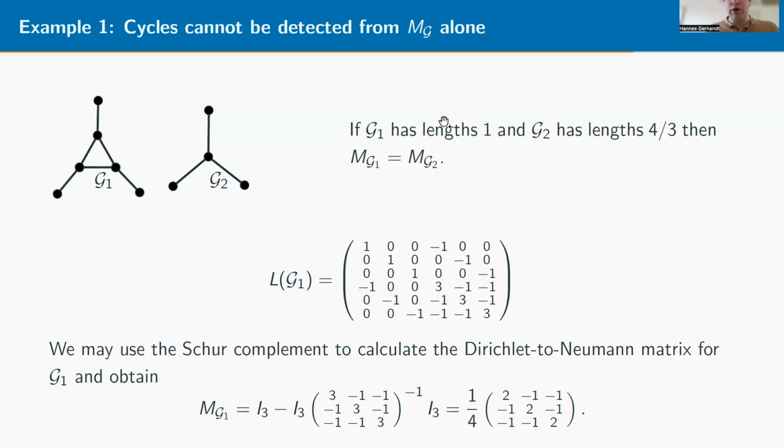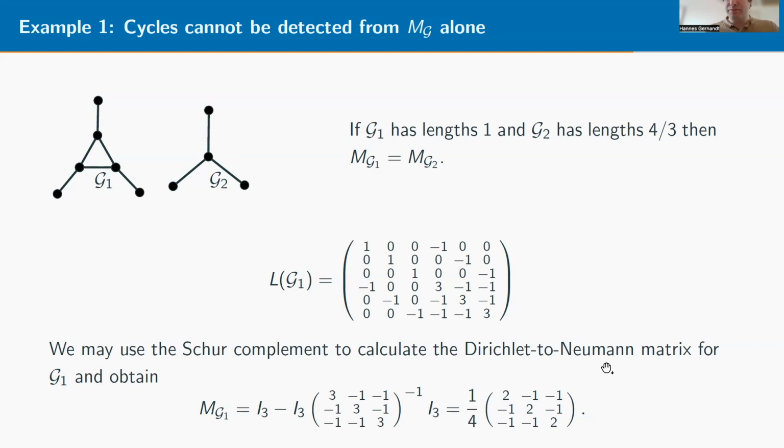Since the weight is 1, you sum all the weights, so you get 3 here on the diagonal, and the other entries are here the -1. So this is the discrete graph Laplacian. And as I showed you, there is this result on how to obtain a Dirichlet-Neumann map directly just by using the Schur complement. If you calculate this, it's not hard to calculate the inverse matrix, you will end up with such a matrix.